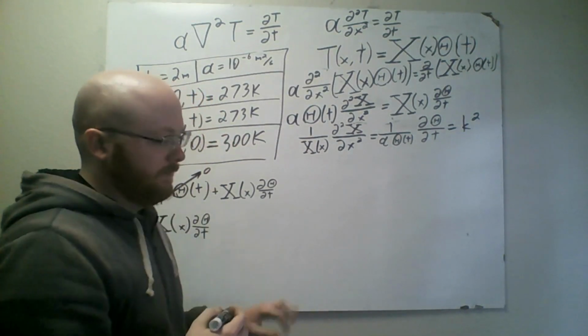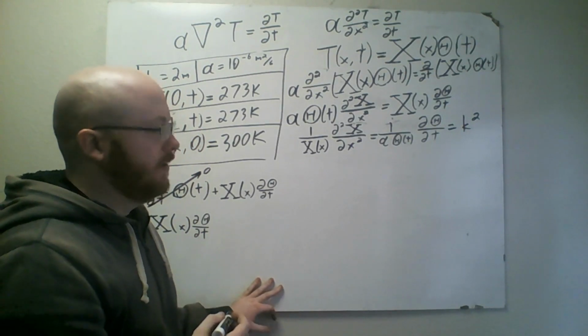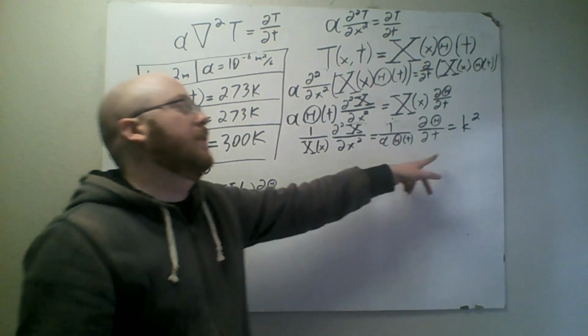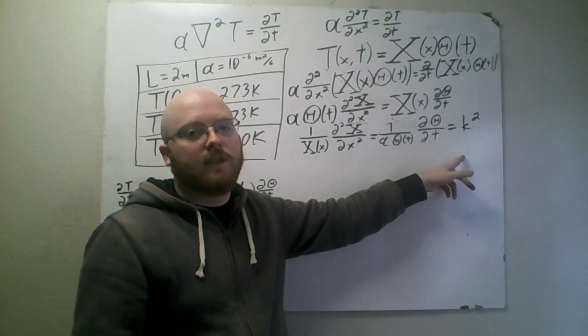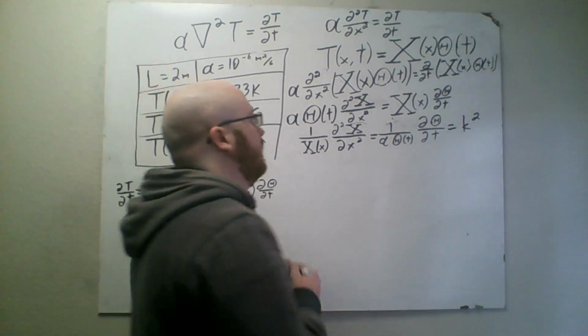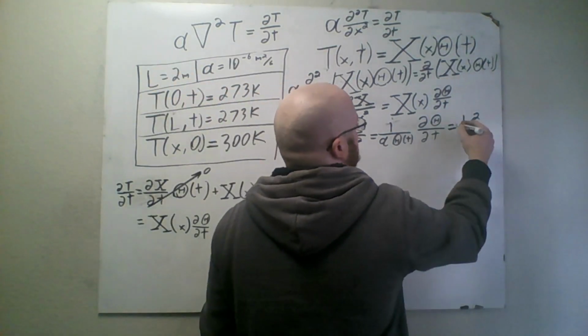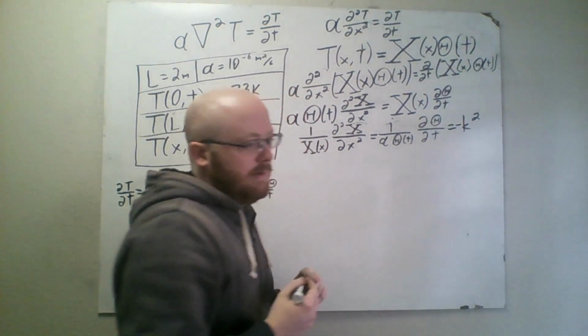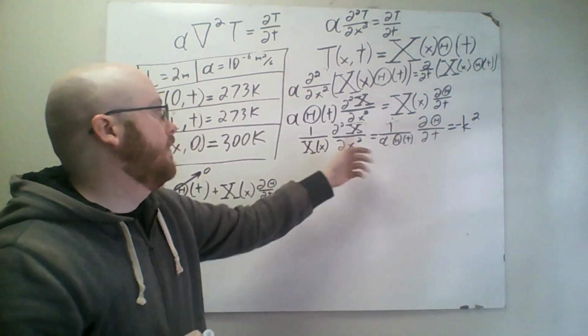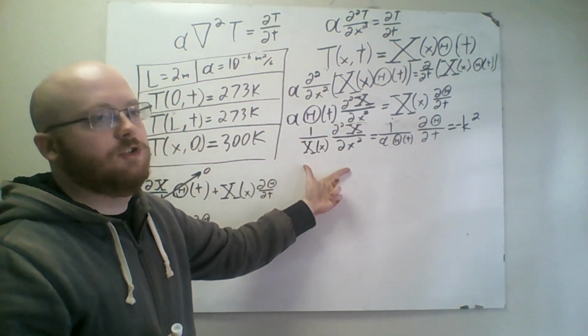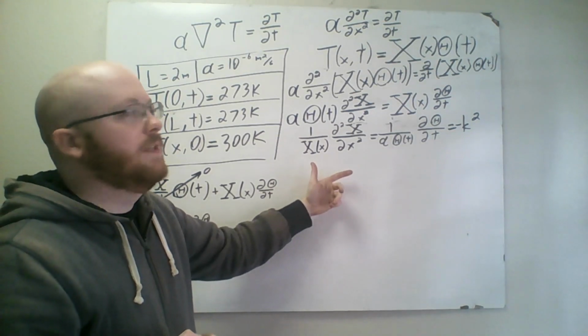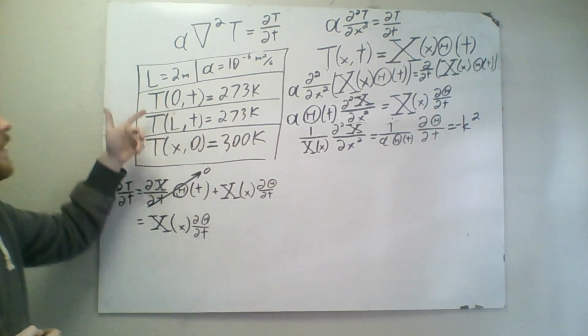So it doesn't matter what constant you put in here. You put in a k squared because later on you'll have to take the square root of it. I think we're going to do a negative k squared, because if you end up solving this differential equation, you need something that satisfies these boundary conditions.